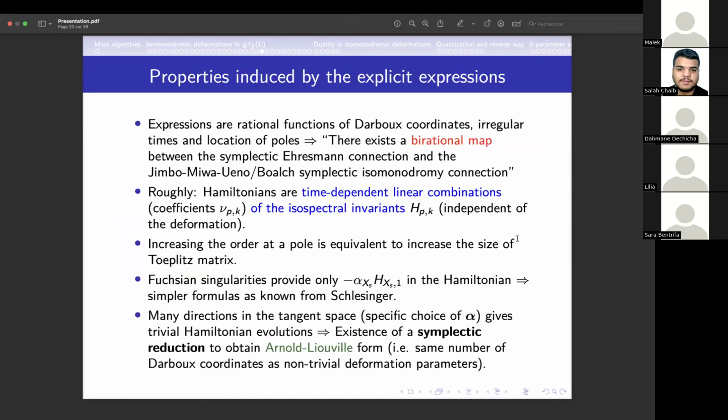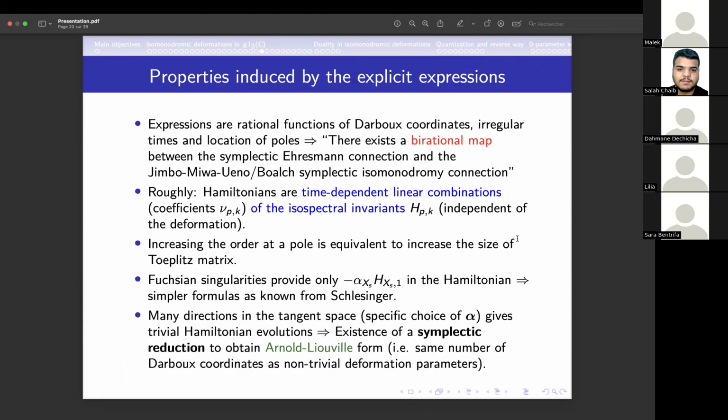So, some properties induced by this. The first paper that we got, the first result from this construction, is that there exists a birational map between the Jimbo-Miwa-Ueno school, the Japanese school, and Philip Boalch, who contributed to this, and our symplectic isomonodromic connection.